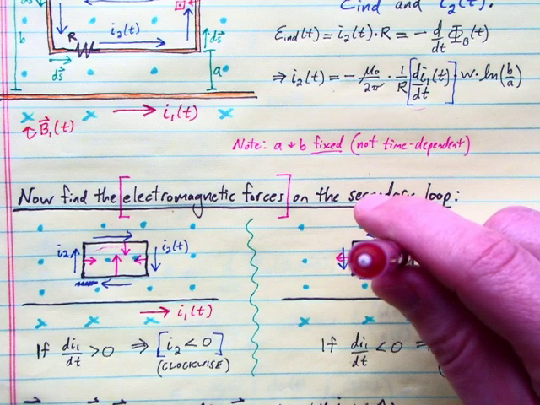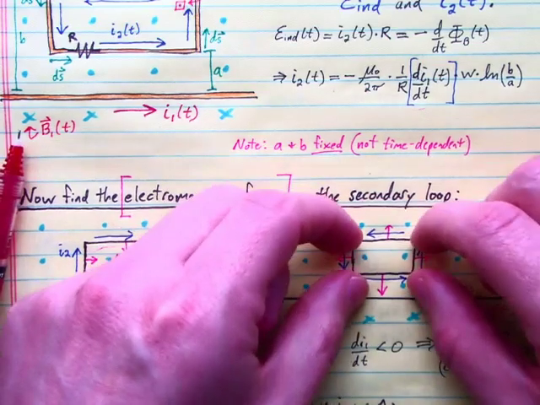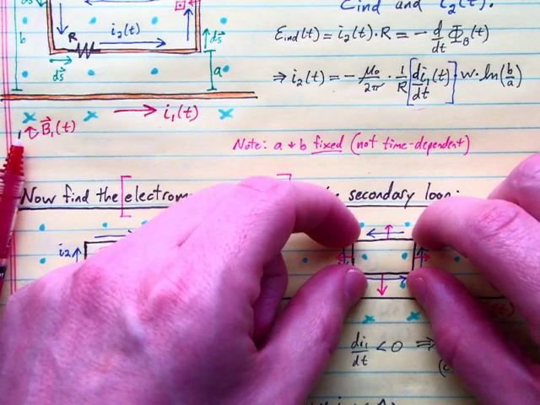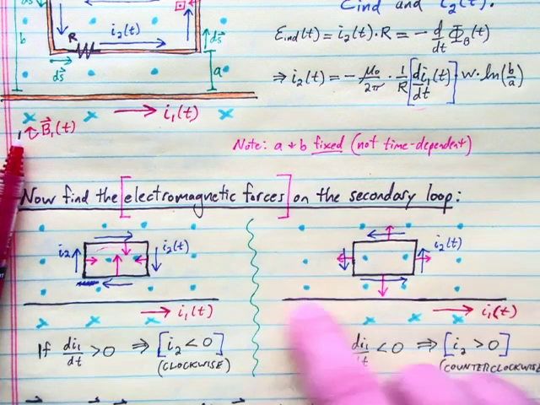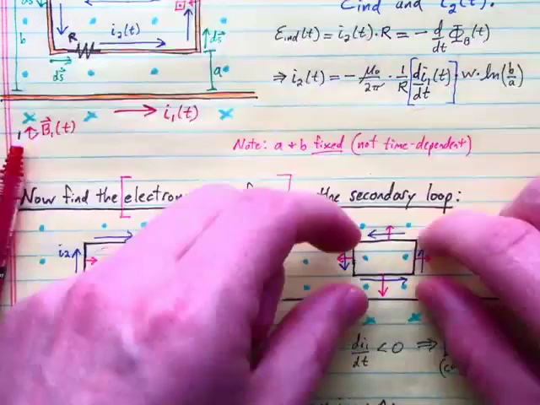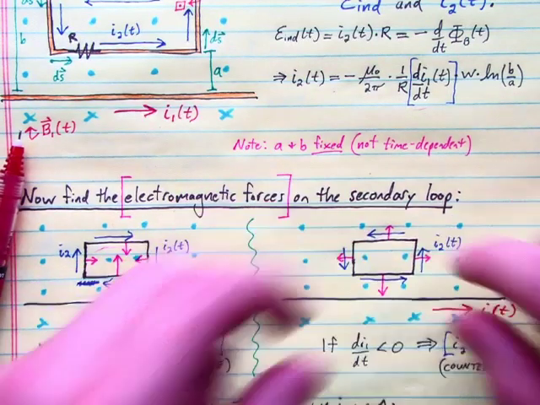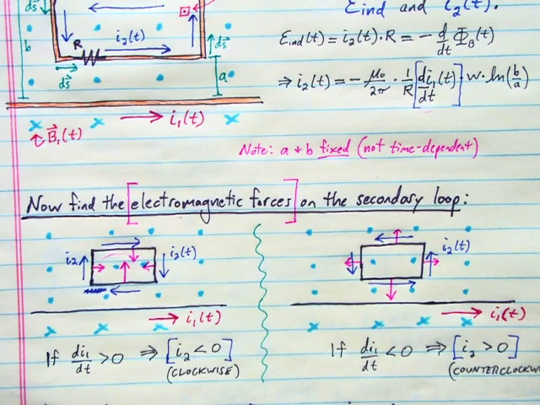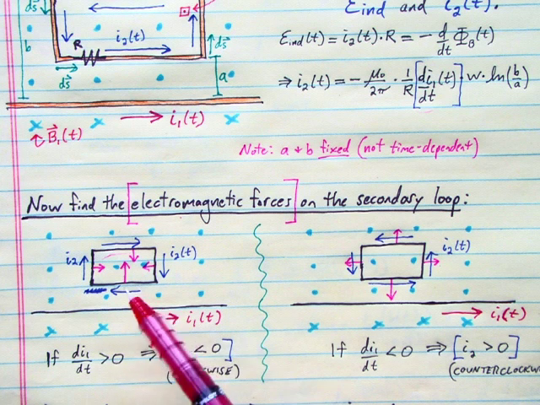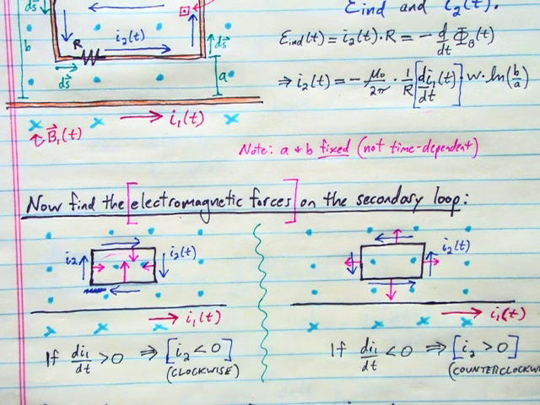The system responds by pulling the loop into a region where the outward flux is greater, where the B field is stronger, closer to the primary wire, helping to restore the flux that we're losing because that current is decreasing. Okay, so that was another way to think about these pushing and pulling effects. Let's now get into the mathematical detail of computing these forces on the loops.